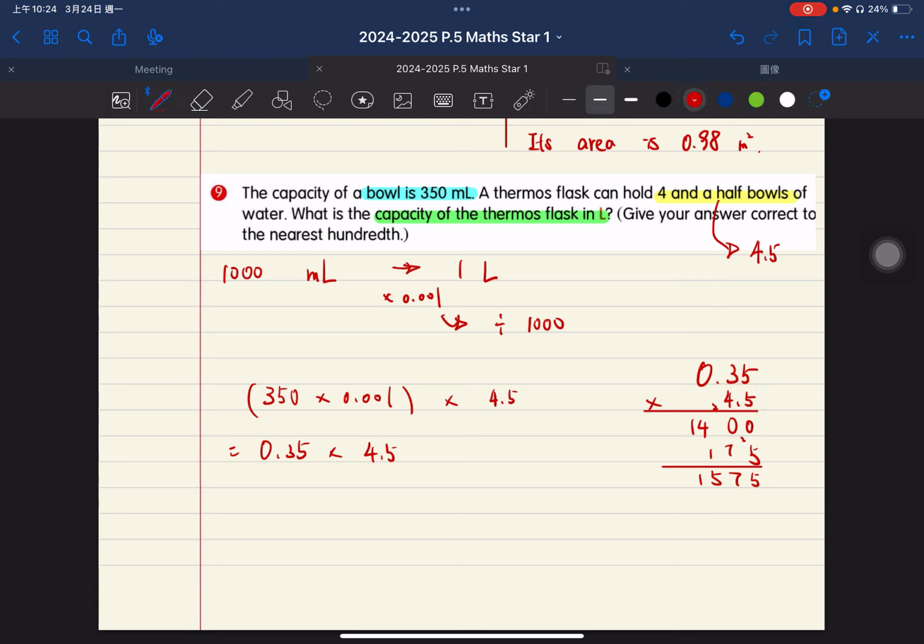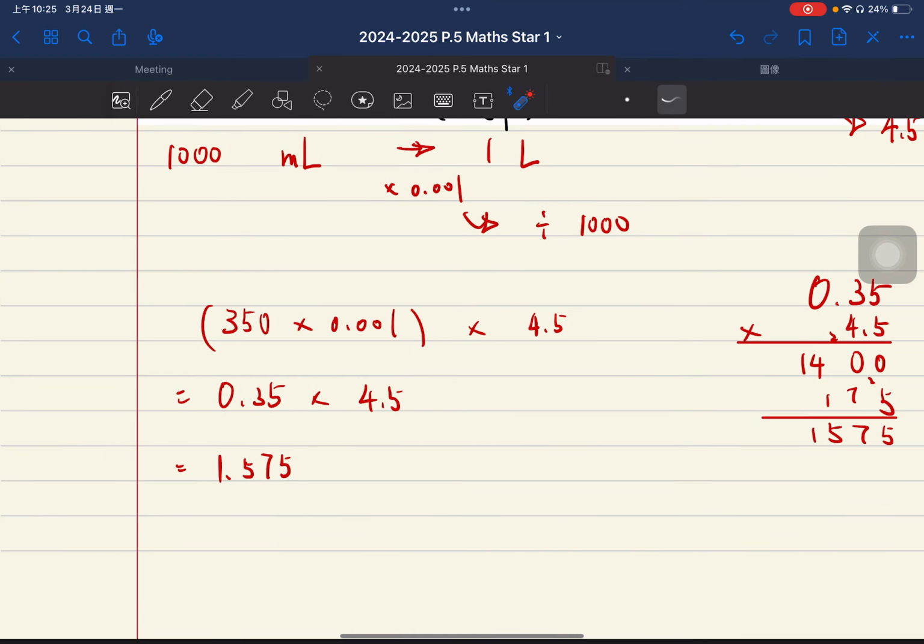So it will be 1.575. The question is asking again, give your answer correct to the nearest hundredth. If you're struggling, you may write 2dp, 2 decimal places.